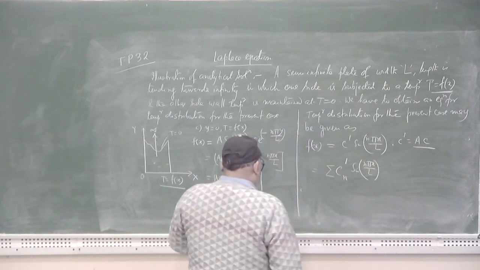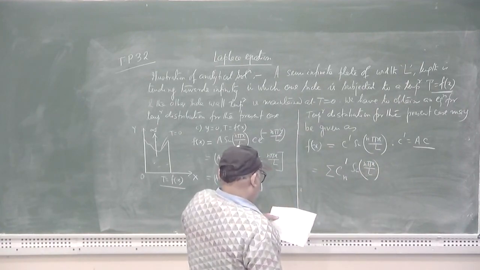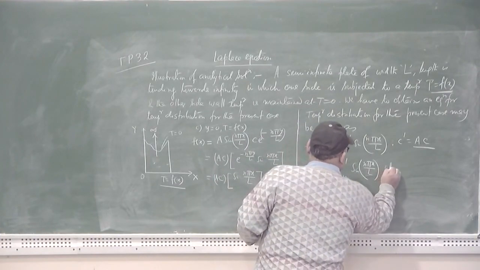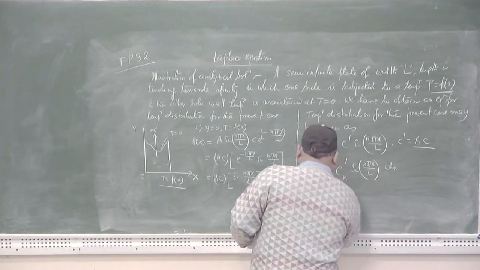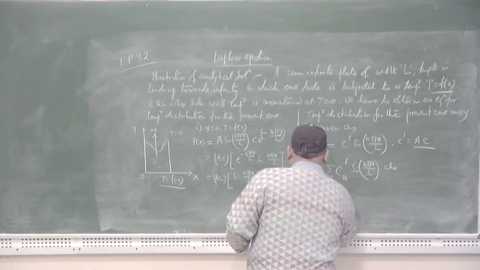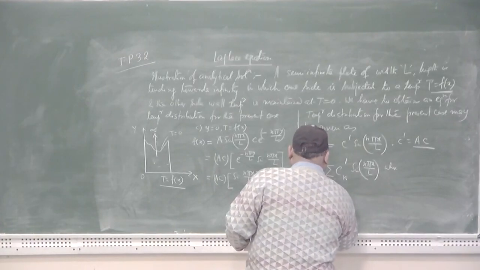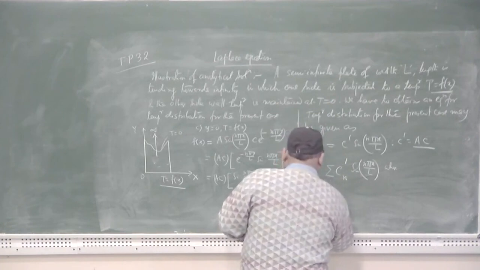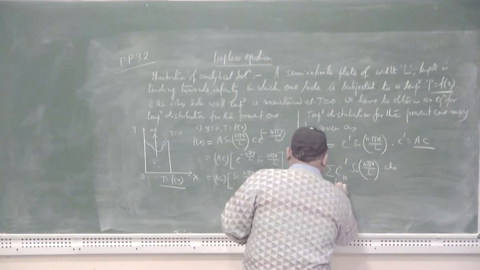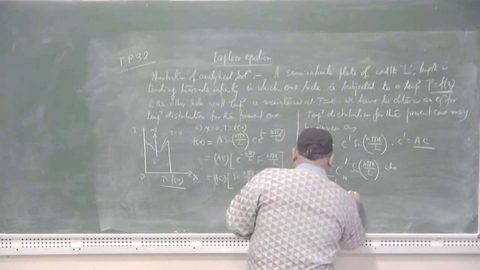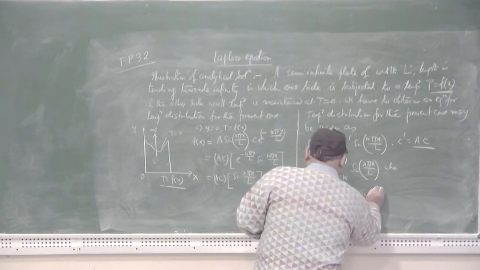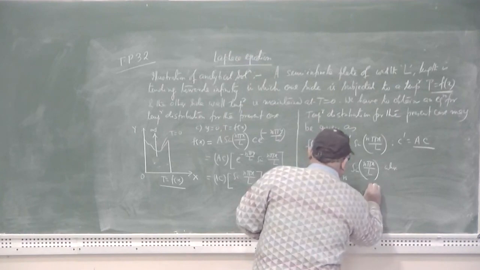where this Cn dash can be given as 2 divided by L integration from 0 to L, from the Fourier series, f x sin n pi x by L into dx.